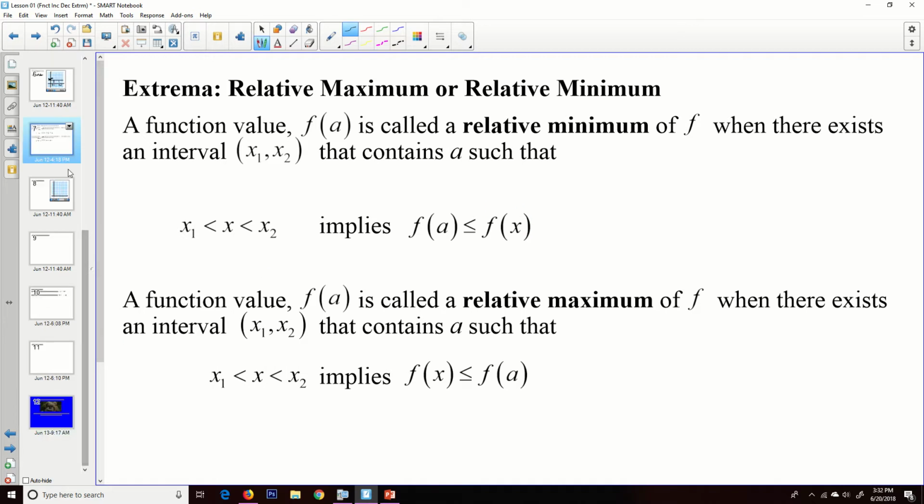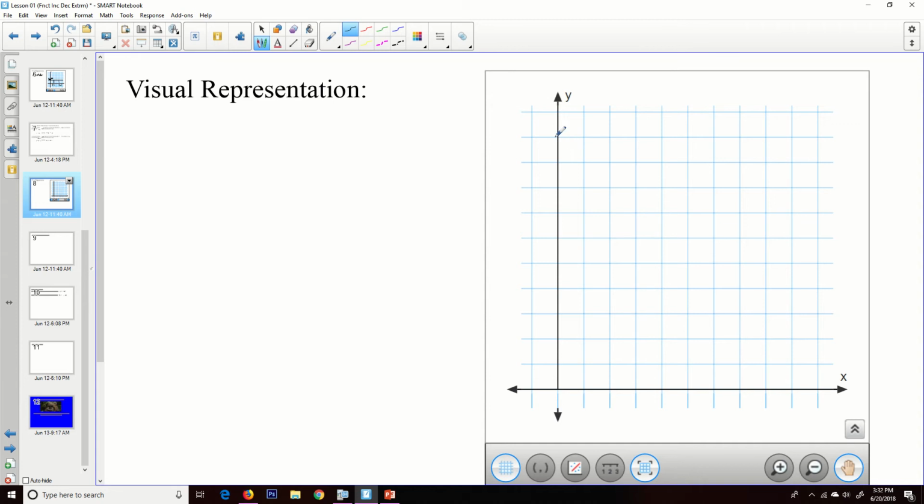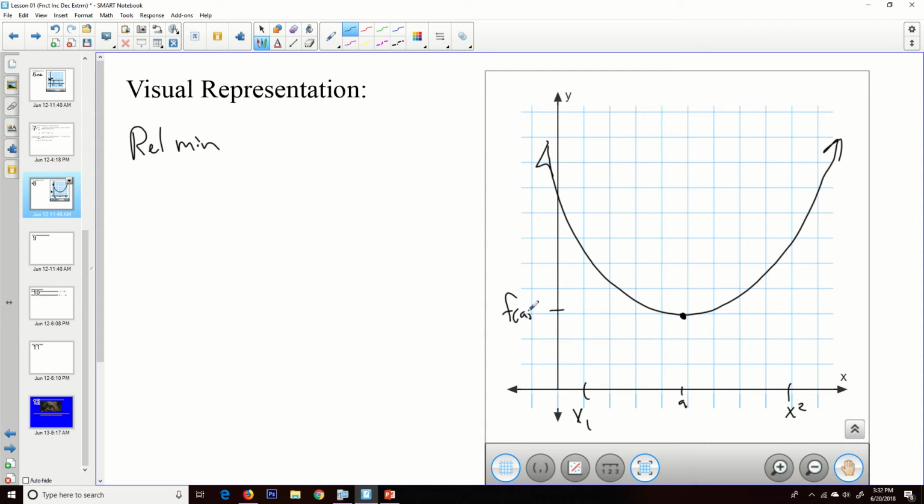So let's talk about an example of that. If I want to talk about a relative minimum, let's talk about something that looks like this. Let's give an x1 and an x2. All right. Here is my point that I'm going to call a, f of a. And this is what I'm calling my relative minimum, f of a.